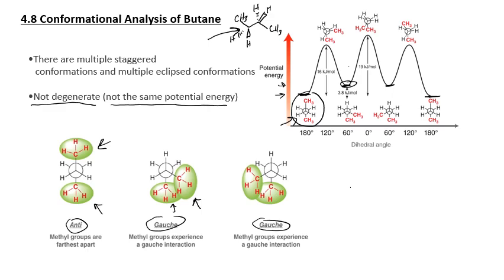Again, you'll never have to memorize this. You just need to know that a gauche staggered costs more energy than an anti-staggered. And as we rotate through, we can see that we end up with two different gauche configurations, and we have two staggered configurations.